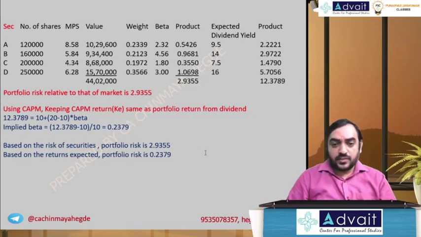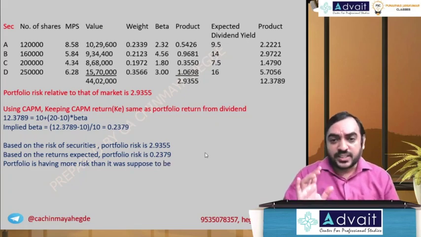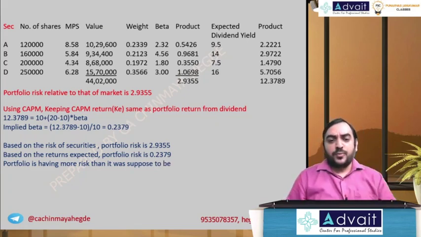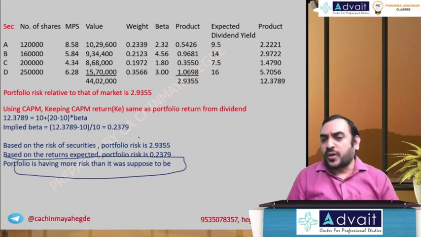So basically it means the portfolio is having more risk than it was supposed to have. I'll explain once more. Let's see if you're able to understand the last sentence. In exam, if at all you want to write, you should write only the last sentence. The previous sentences you don't have to write down.